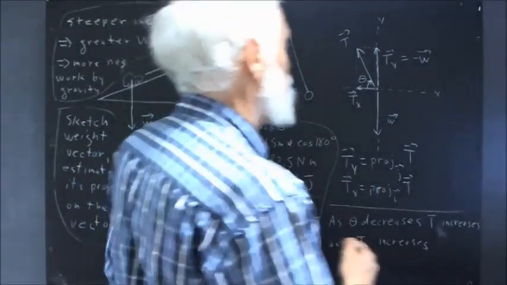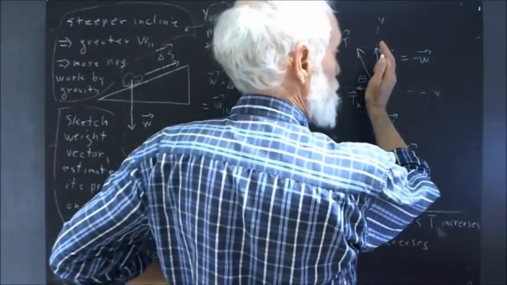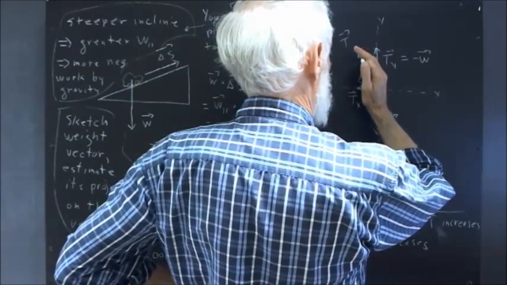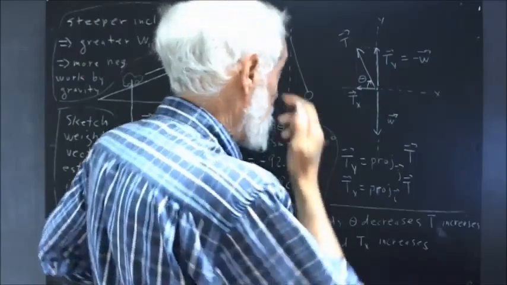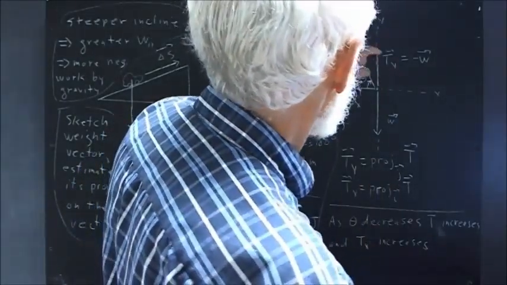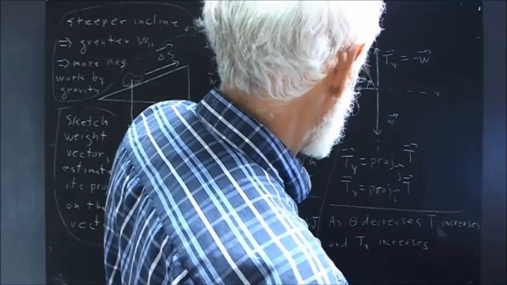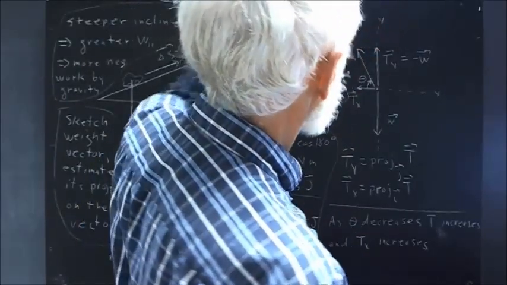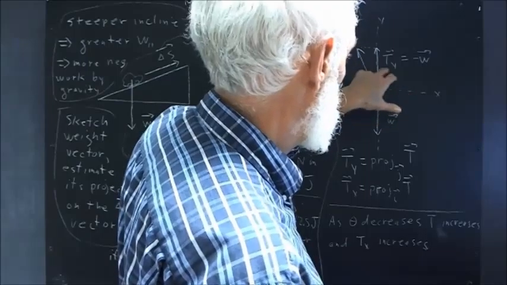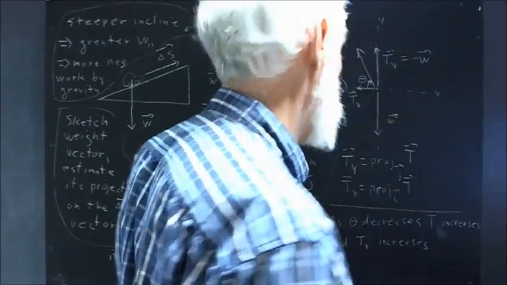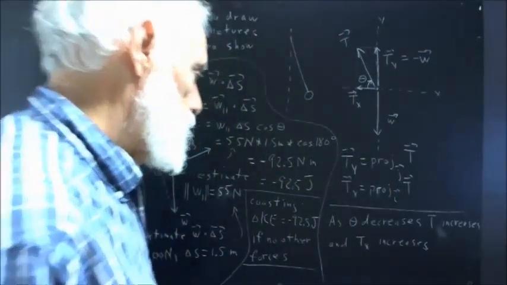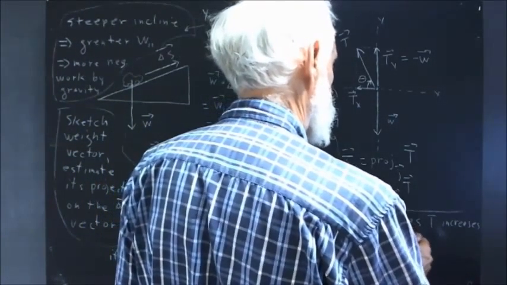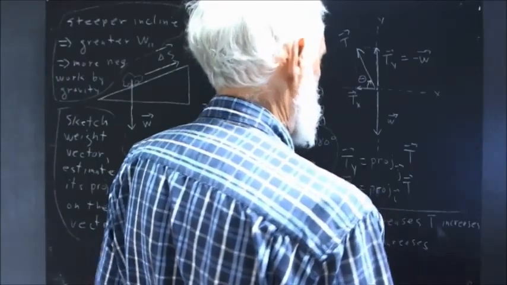The point is that the T vector increases very slowly at first, but as you get away from the y-axis, it increases more and more quickly, because it's always got to end on this horizontal line, indicating the magnitude of Ty, which has to equal the magnitude of W. So as theta decreases, T increases.